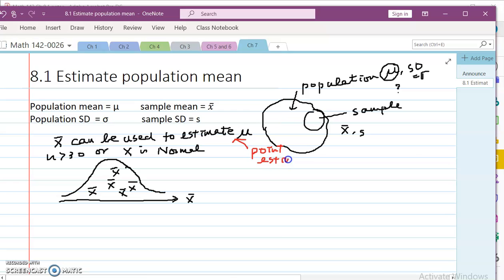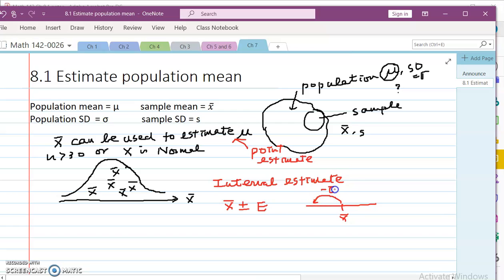In chapter 8, we are going to introduce something called an interval estimate, so that we tell people X bar is not the most accurate. We actually do not know the actual mu, but it could be within these limits. So we would say X bar plus and minus a margin of error. You must have heard of margin of error. Plus and minus E means I have my X bar, but it's not the most accurate one.